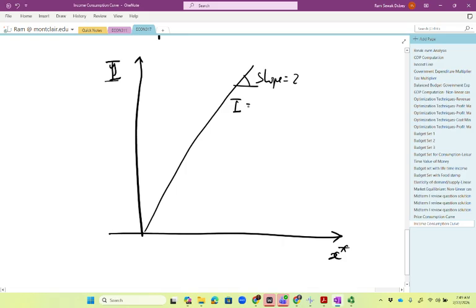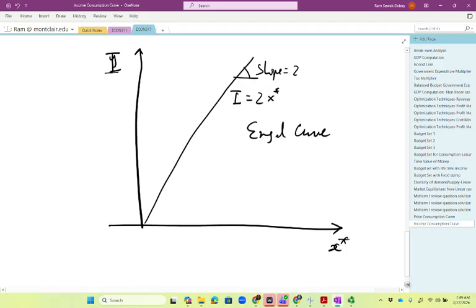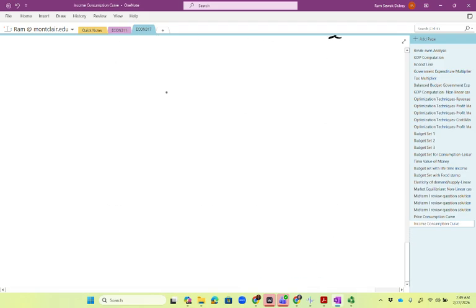So I equals 2X star. This is the Engel curve. We have seen as income goes up, the consumer is going to buy more goods, which means good X is a normal good. As you earn more, you buy more. And this is a good point to stop.